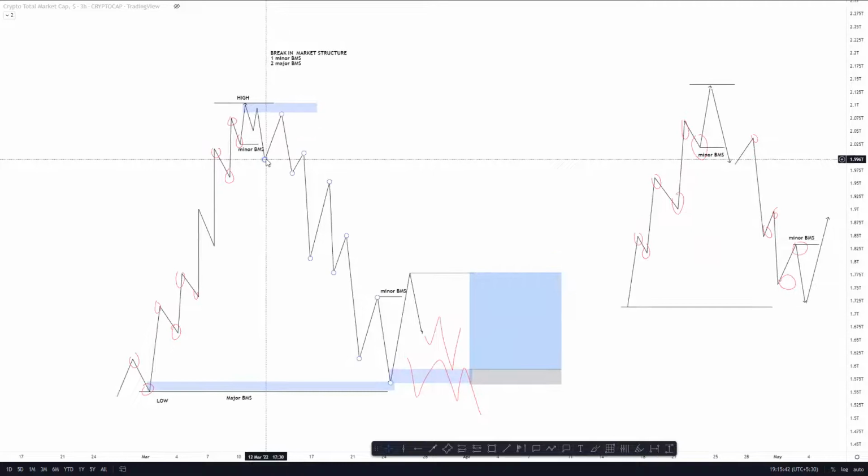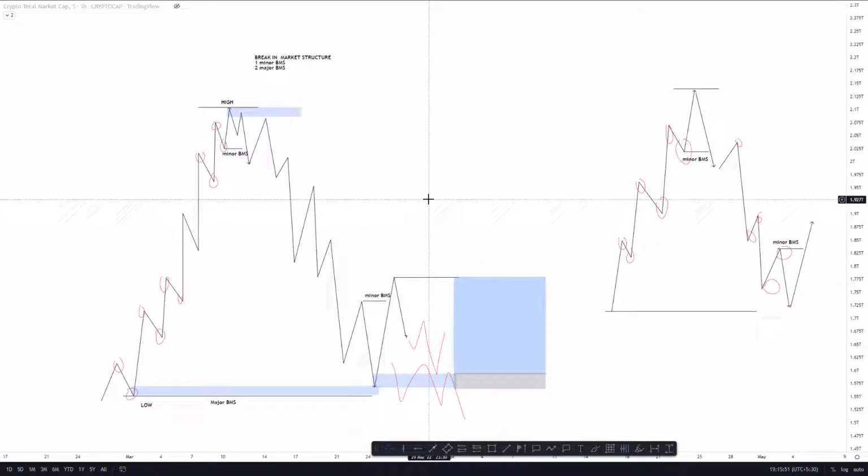And if price breaks the lower highs, lower lows around that area, that's when I will call this a minor BMS. The main reason I was explaining this is that I was looking at when price is making a reversal pattern.